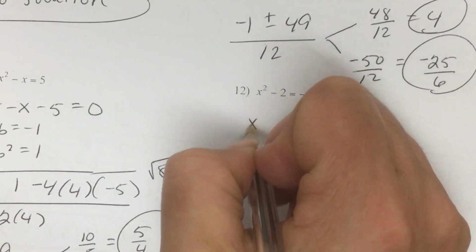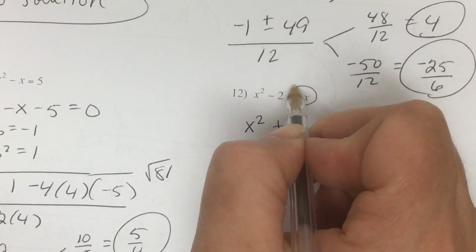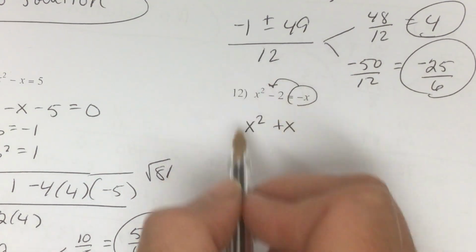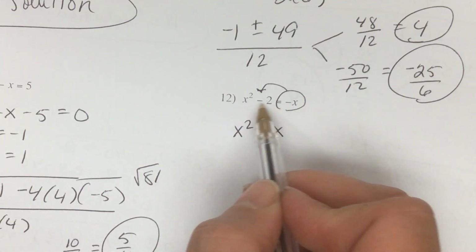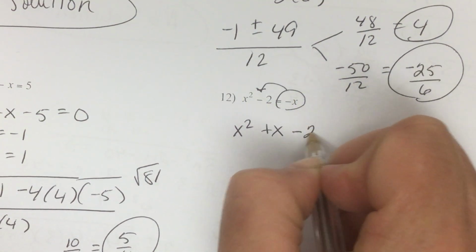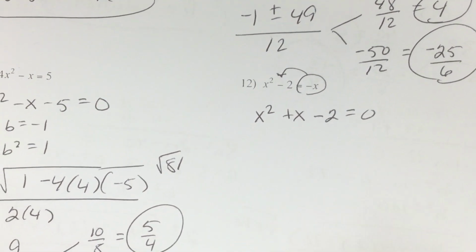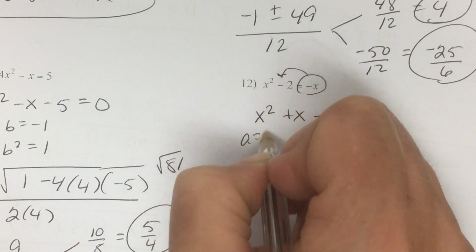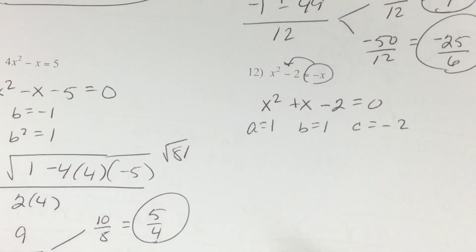Last one, x squared plus x, because I need to move it over. And when you move it over, it changes sign. It's like adding x to both sides. The negative 2 is in the right place, so you don't have to move it or change its sign. So then a is equal to 1, b is equal to 1, and c is equal to negative 2.